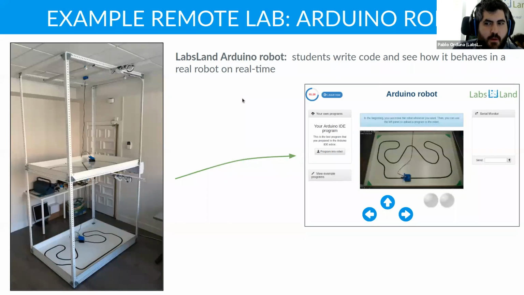One example of a remote laboratory is the Arduino robot. I'm not going to explain it in too much detail because this session is focused on the FPGA laboratory, but just to show another example, here we can see how the robot looks. We have a set of robots, we have cameras, and those robots can be controlled remotely.